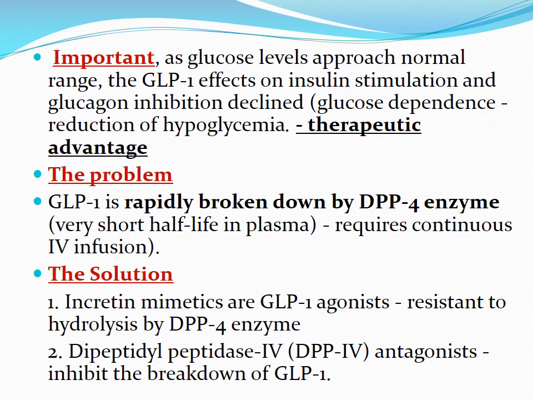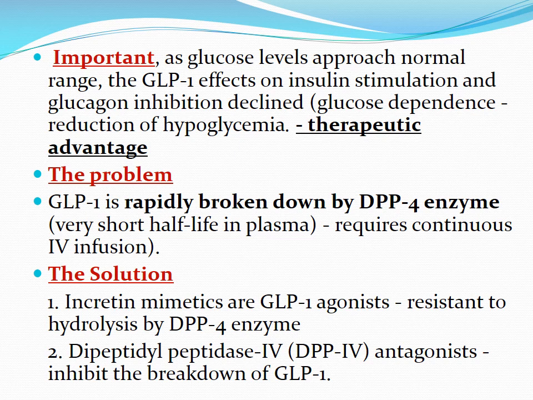An important point is that as glucose level approaches normal, glucagon-like peptide 1 effects on insulin stimulation and glucagon inhibition decrease. So its effect is glucose dependent.